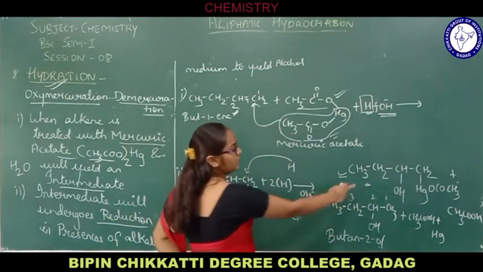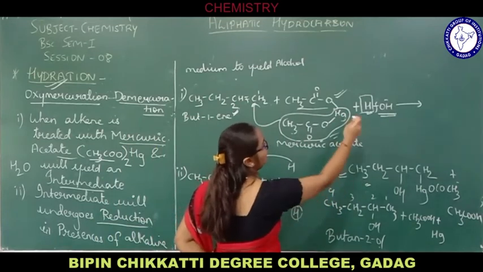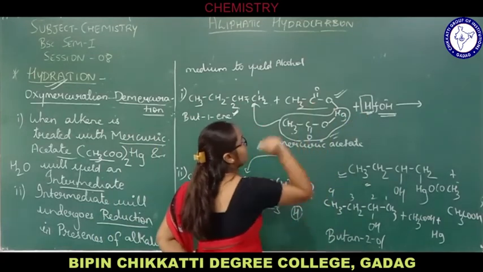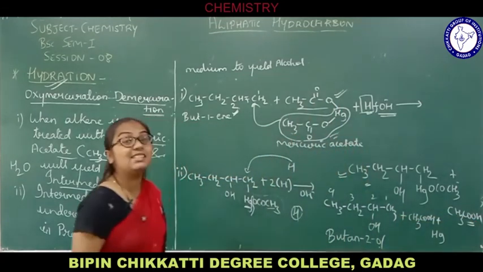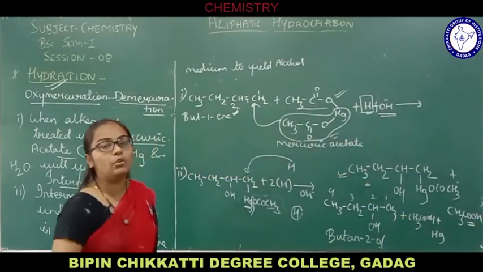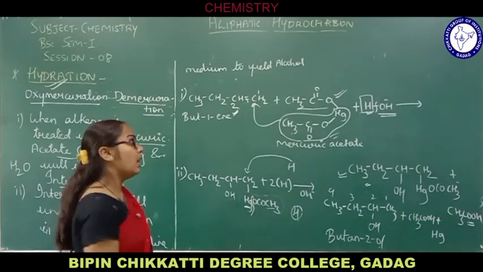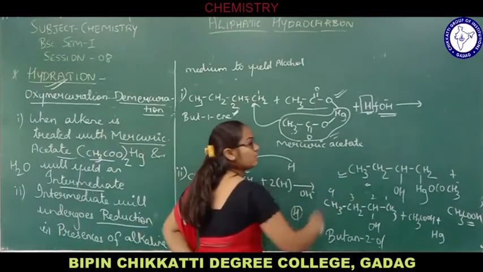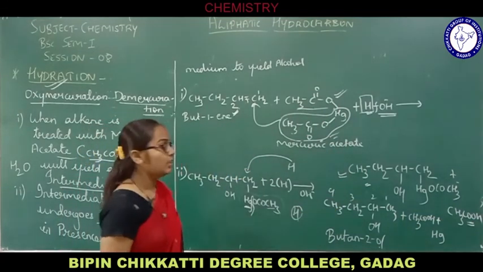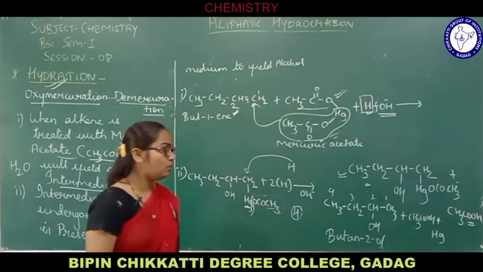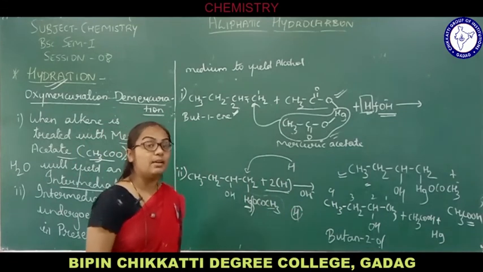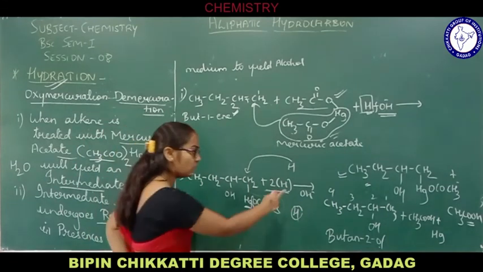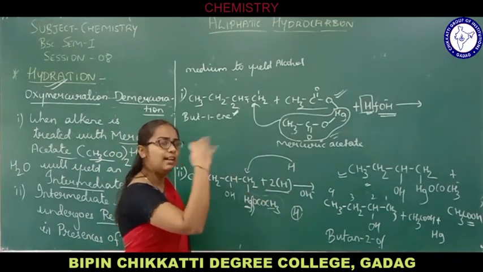Now the remaining hydrogen and this acetate will combine together to form acetic acid, CH3COOH. The intermediate formed there will undergo further reduction when it combines with 2 hydrogens in the presence of a nucleophile, or in the presence of an alkaline medium.